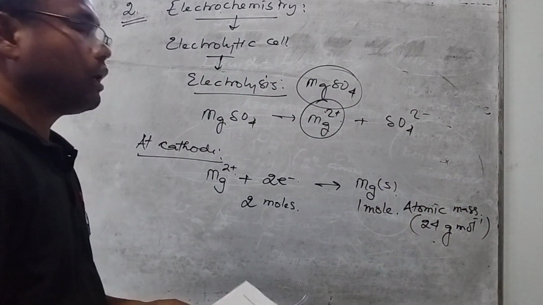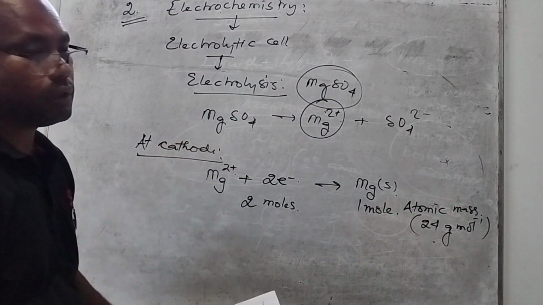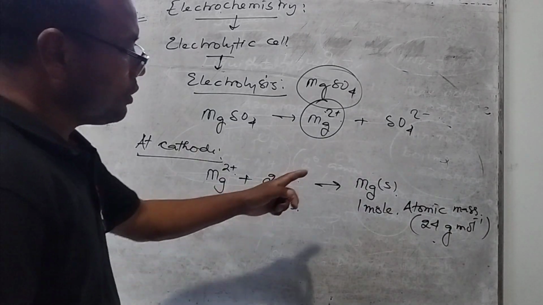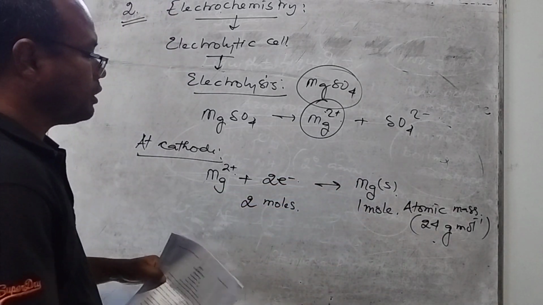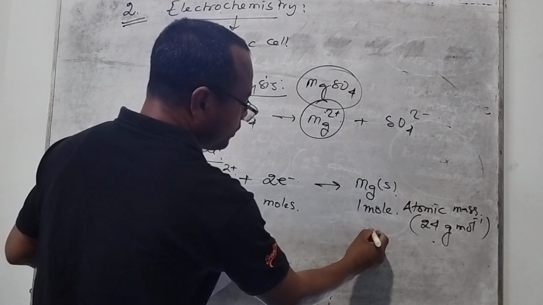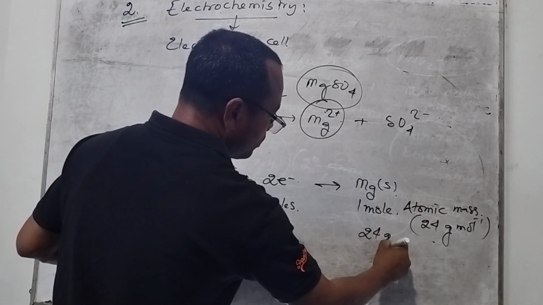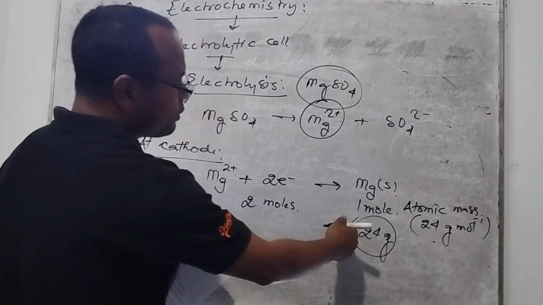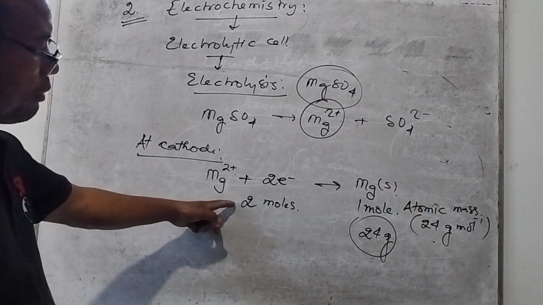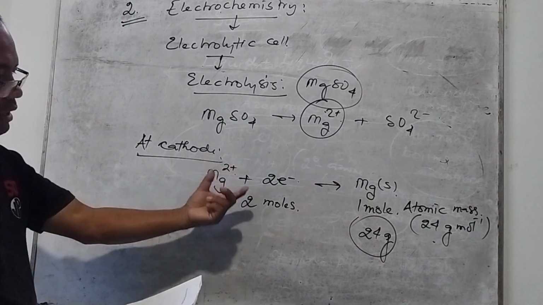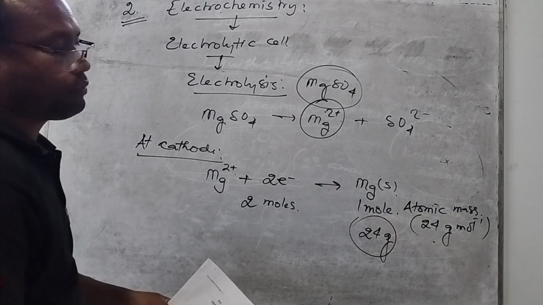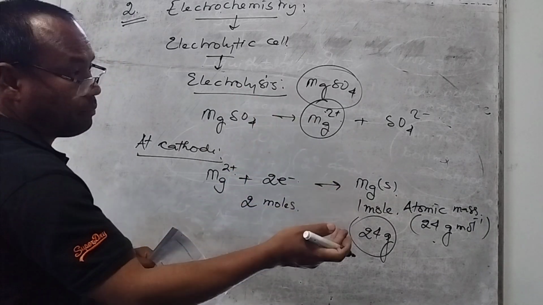So to deposit 24 grams of magnesium, how many moles of electrons? 2 moles. This number of electrons in terms of moles, we convert into the number.